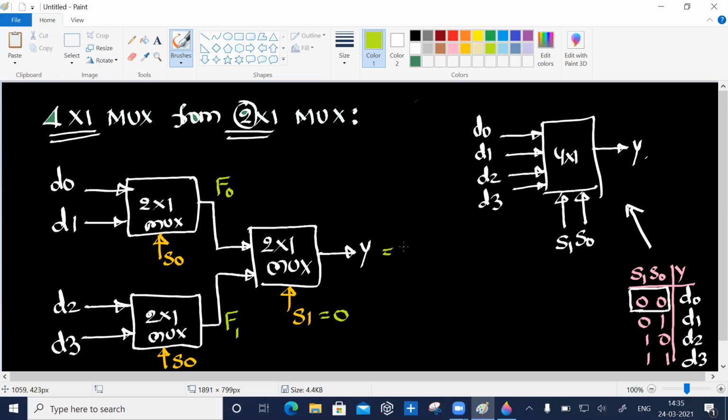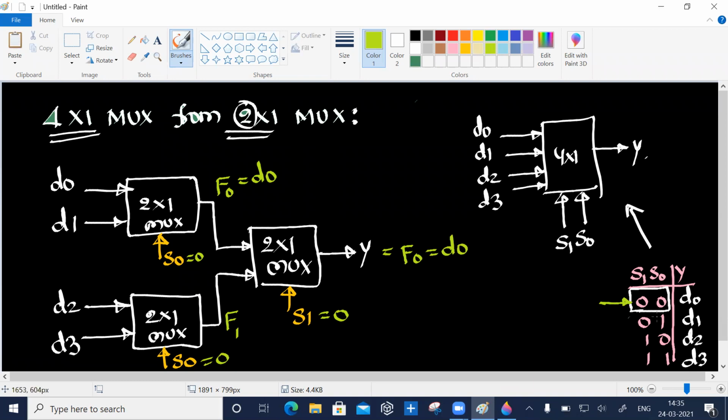F0. Now if S0 is also equal to 0, then what is F0 here? D0. Now what is Y equal to? D0, that's it. If S1 equal to 0, S0 equal to 0, Y is equal to D0. Finished, right?